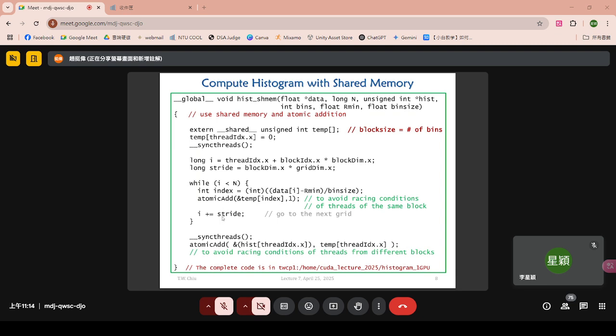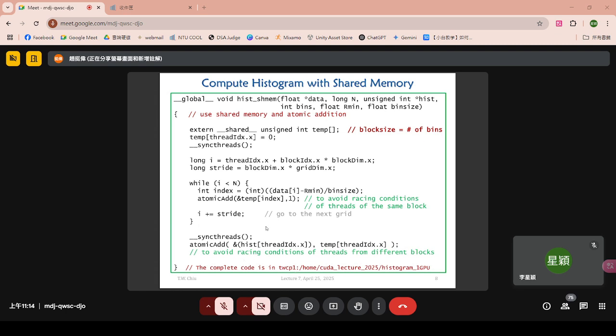So it's very easy, almost exactly the same. The only difference is adding to the histogram of this block, but then I have to add the histograms of all blocks together.